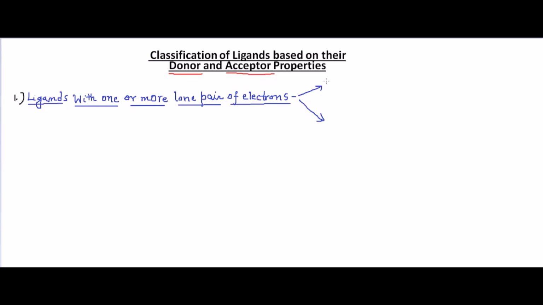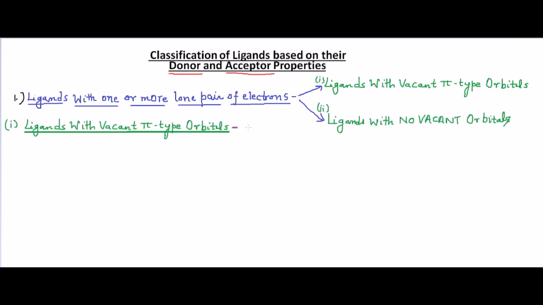The first one being the ligands with vacant pi orbitals. And the second category is the ligands with no vacant orbitals. We have seen that the ligands contain the sigma orbitals which contain the donor electrons, right?